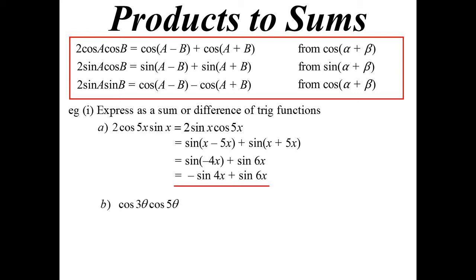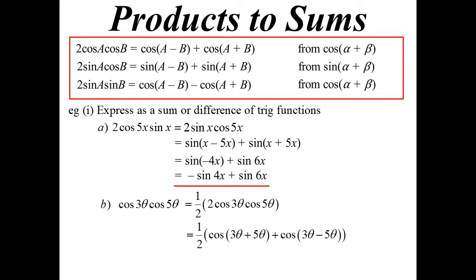Cos, cos must have come from the cos one, so I get a half of 2, because our formula is 2 cos cos, not just cos cos. So we're actually going to have a half of this. And you'll notice here I've done the plus first and the minus second, because if it's addition, it really doesn't matter, does it?